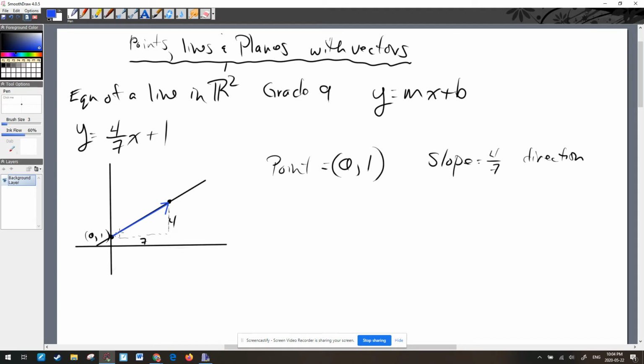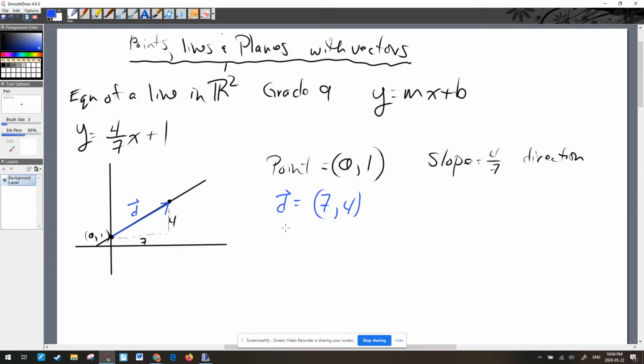If I took that vector and made it from the origin, what would that vector be? Well, in this case it would be this vector right here, which I'm going to call our direction vector. This direction vector tells us the direction. The direction vector has the coordinates 7, 4.